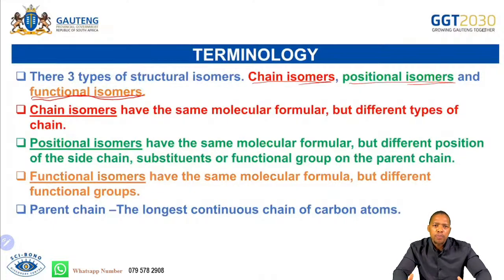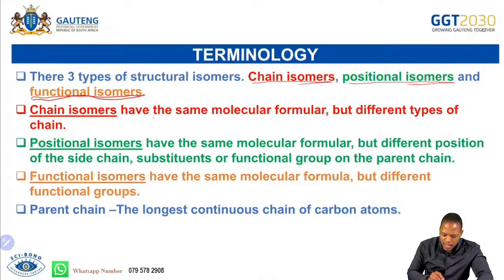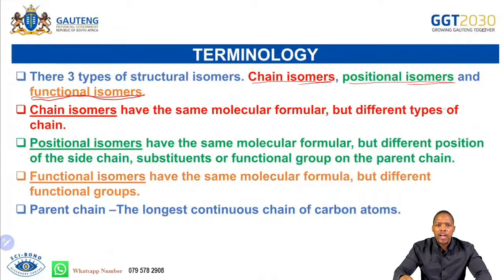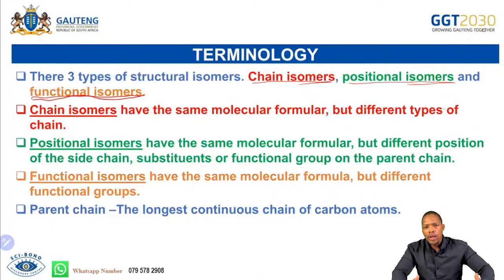But now we are being specific as to say, what is it that is different about the structure? Okay, so you say chain isomers have the same molecular formula, but different types of the chain. So that's what makes the structure different, is that the parent chain is not going to be the same.